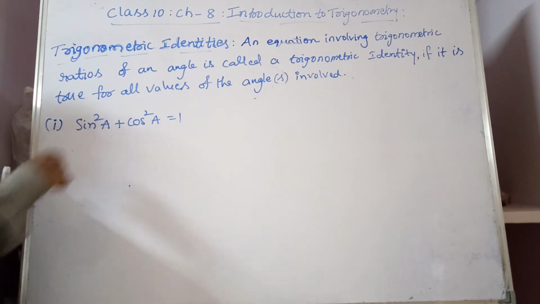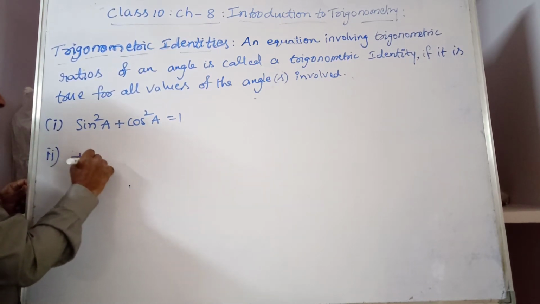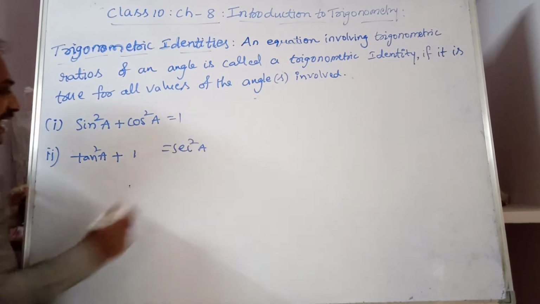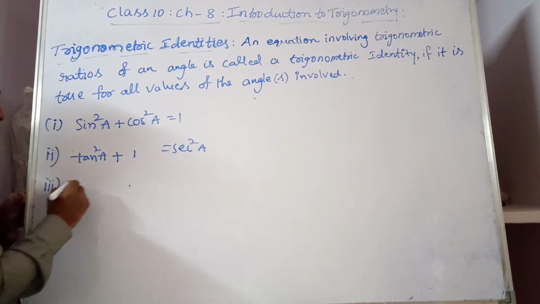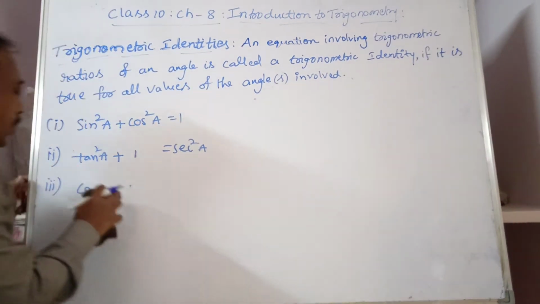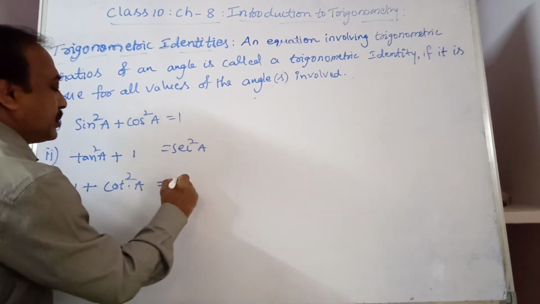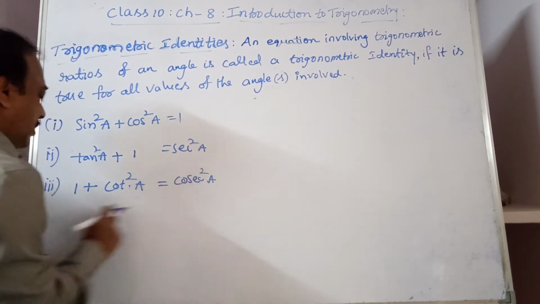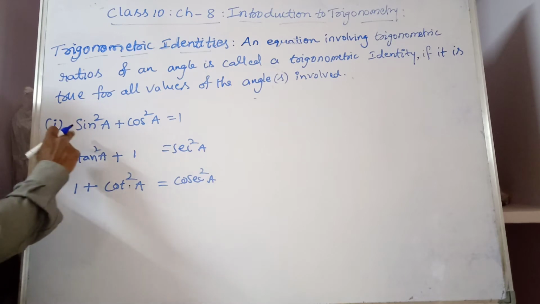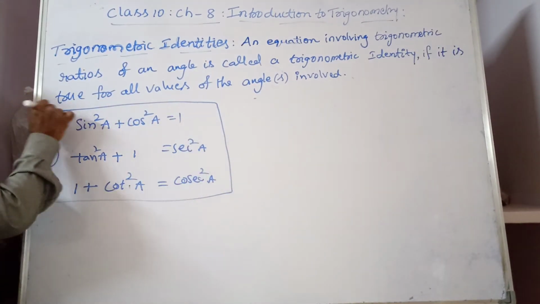The second identity is tan square A plus 1 is equal to secant square A. And the third identity is 1 plus cot square A is equal to cosecant square A. These are the main three trigonometric identities.